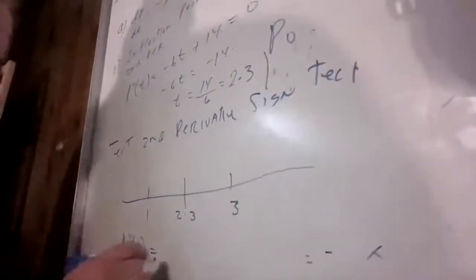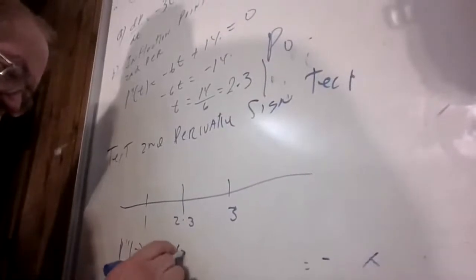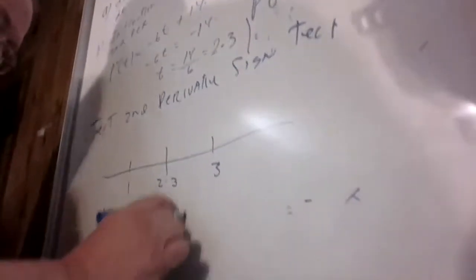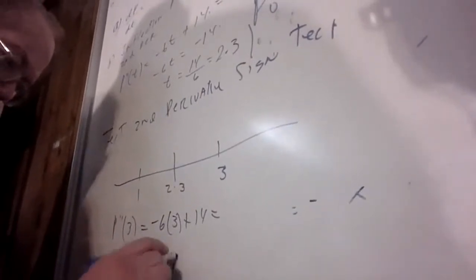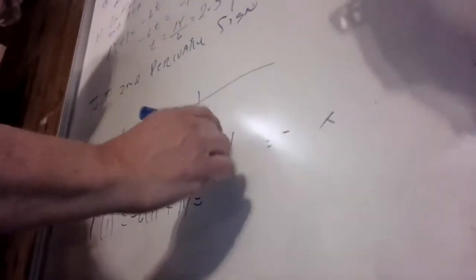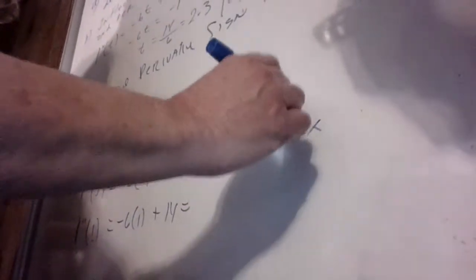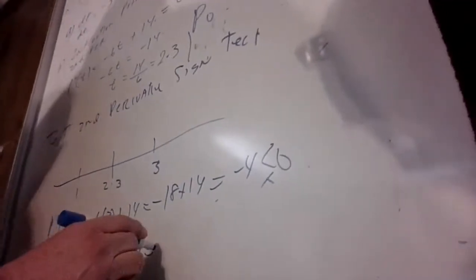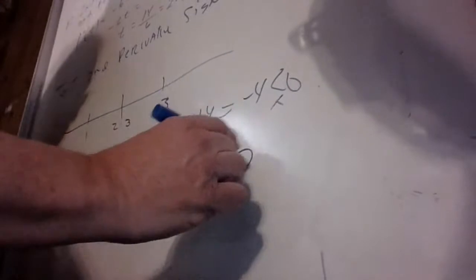That would be minus 6 times 3 plus 14, and minus 6 times 1 plus 14. So this is minus 18 plus 14, which is minus 4, which is less than 0. This is minus 6 plus 14 equals 8, which is greater than 0.